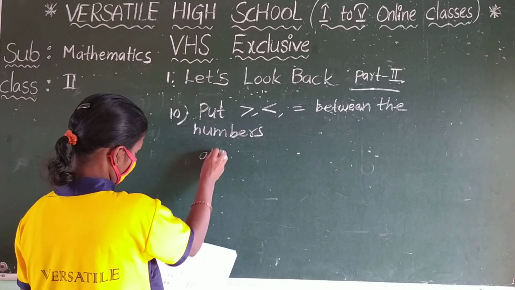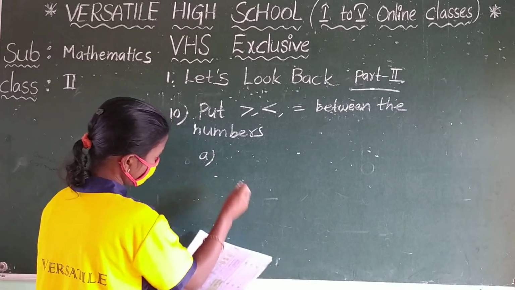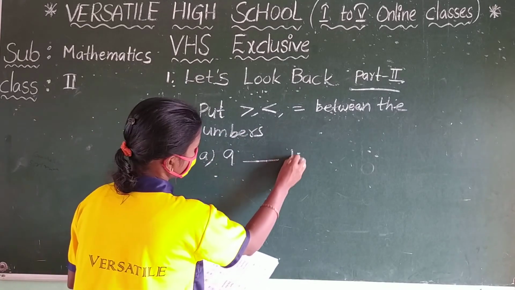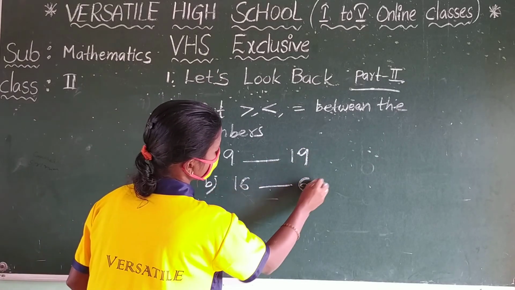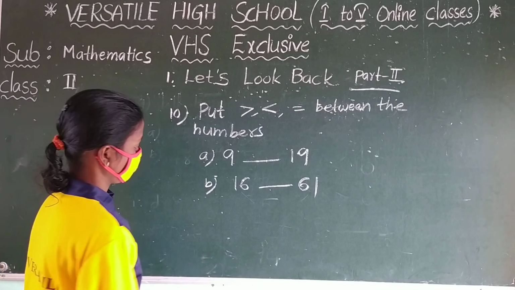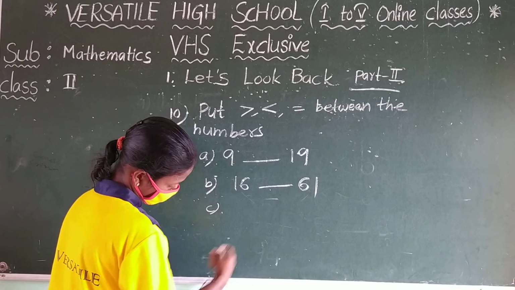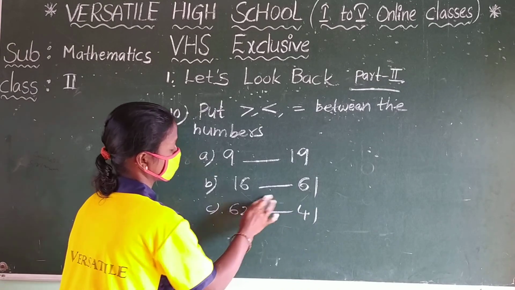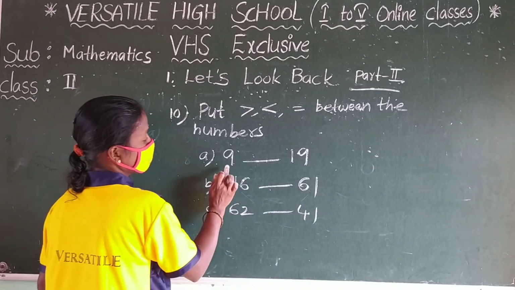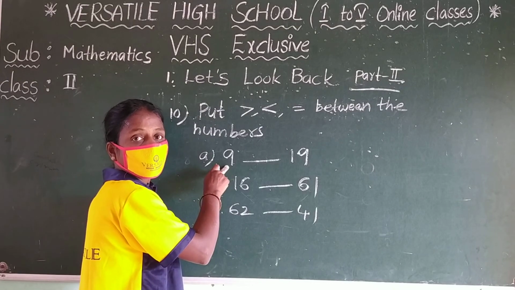So here A, B only: A is 9 dash 19, B is 16 dash 61, and C is 62 dash 41.